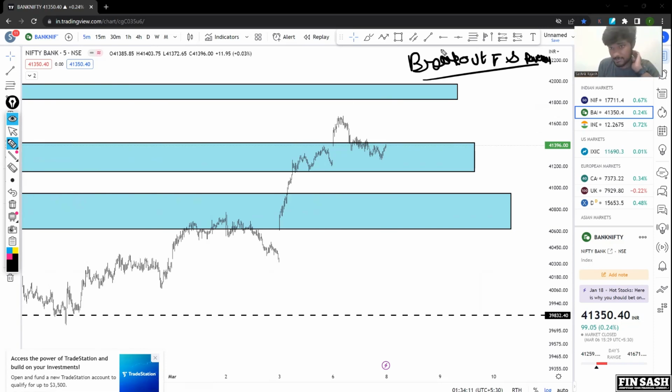I'll explain the basics here, just a quick thing about it, but I'll make a separate video on how these trades are useful. How do we look at a breakout trade? How do we take a reversal trade? I'll make a separate video on that, but I'll just show you what it is.